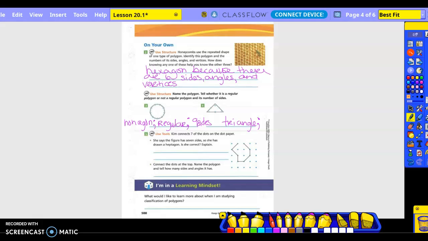Angles, this one has one arc, but then that has 90 degrees, so that means they're not congruent. So not regular. And then how many sides? 3 sides. So you need to make sure when you're doing these problems today, you pay attention to what they're all asking for, because there might be multiple things.